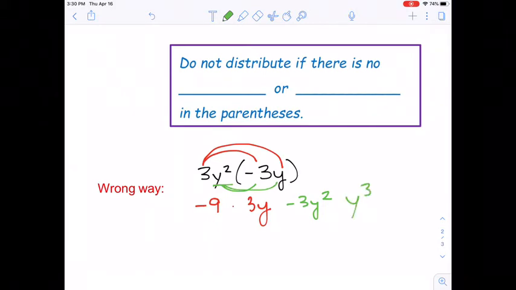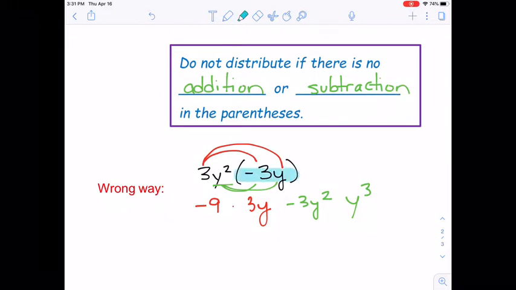However, we do not distribute if there is no addition or subtraction in the parentheses. Notice inside the parentheses here, there's a negative 3y, but it's not being subtracted from something else. And there is nothing added or subtracted between the 3 and the y. So we do not distribute.